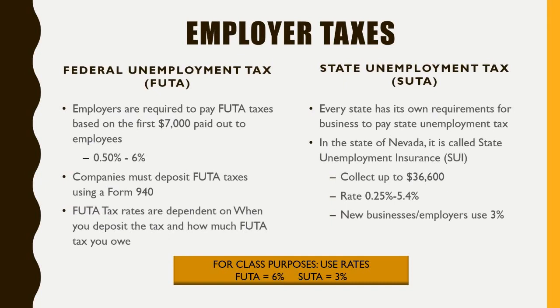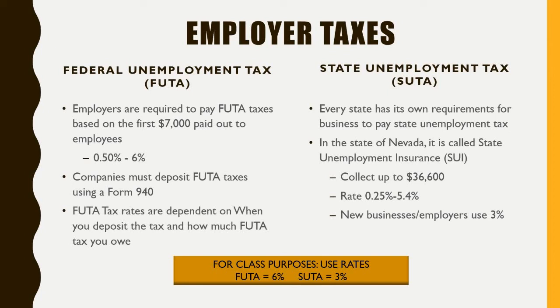Okay. Other employer responsibilities are you have to pay into federal unemployment and state unemployment, okay? Because this is a federal act where you are responsible for if in case an employee loses their job temporarily or anything like that, they can apply for federal unemployment.